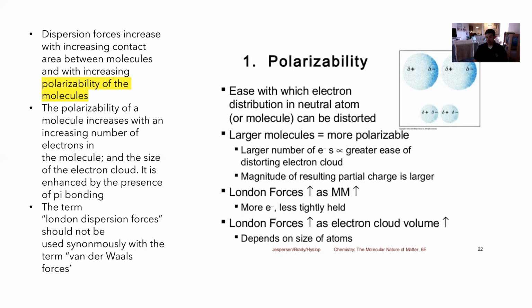Typically as well, when we get a bigger atom, when we have electrons that are in higher energy levels, they are further away from the nucleus, they're held less tightly, they can move much easier. So bigger atoms, those outer shell electrons, are going to be more polarizable as well.